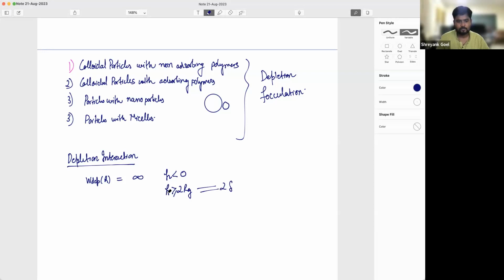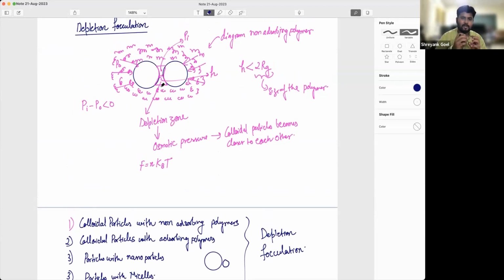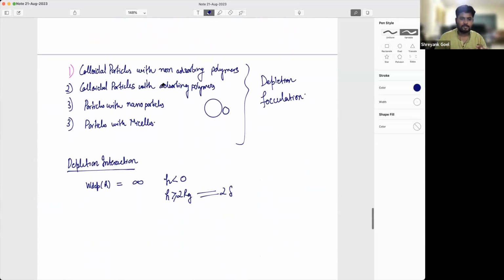When the two colloidal particles are far away, the depletion region will not be there, and polymers are able to come in between the two colloidal particles, so the depletion interaction is zero.